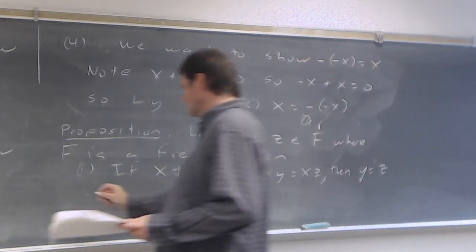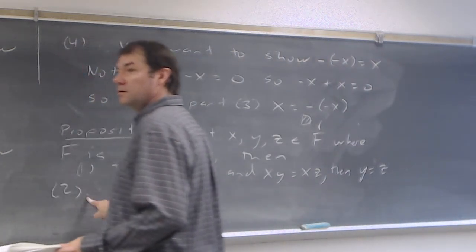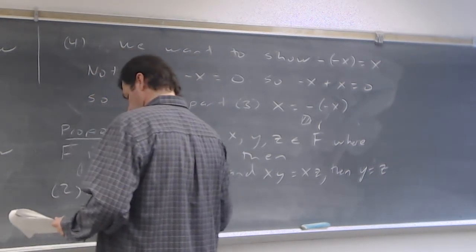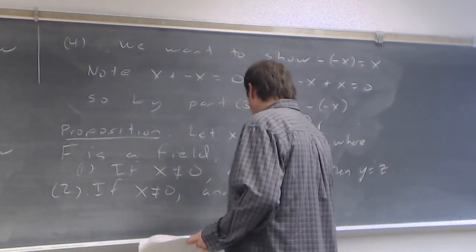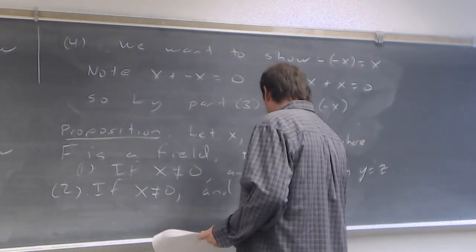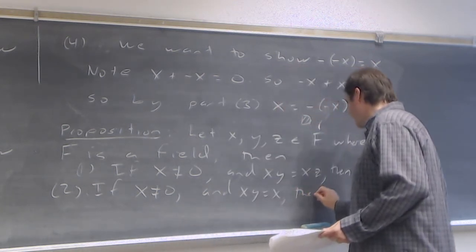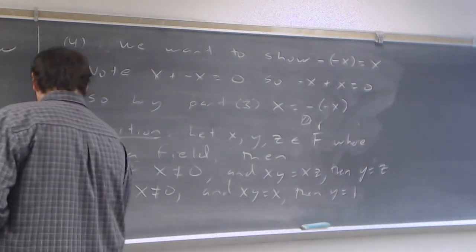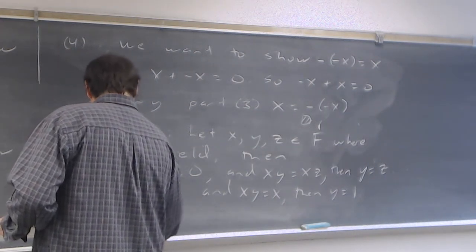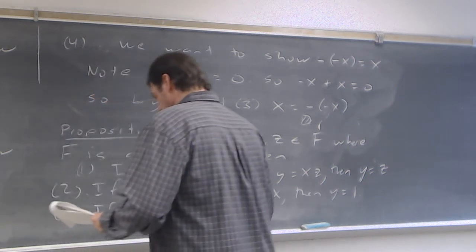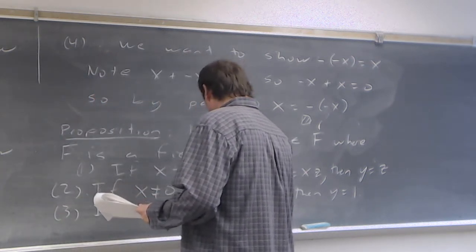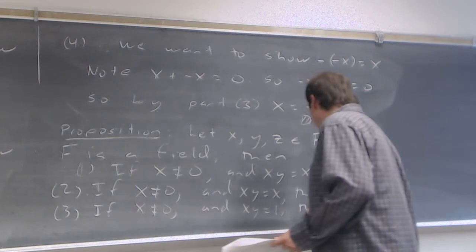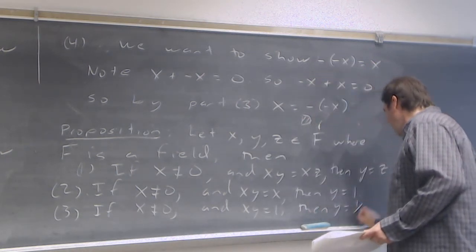2. Again, if x is different than 0 and x times y equals x, then y has to be 1. Thirdly, if x is different from 0 and x times y equals 1, then y equals 1 over x.